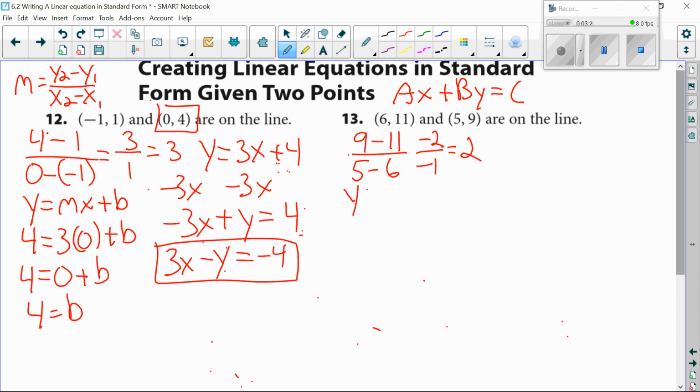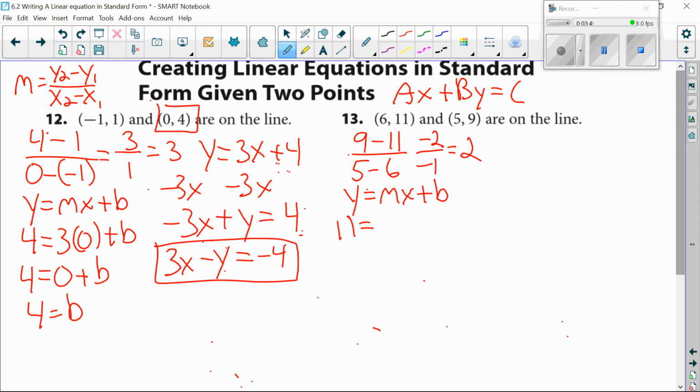So we're going to start with y is equal to mx plus b. And this time we don't have a point that has 0 in it. So you can just pick either one, whichever one you think is easiest to work with. I picked 6, 11. I'm going to plug that in and my slope, which is 2. So y would be 11.